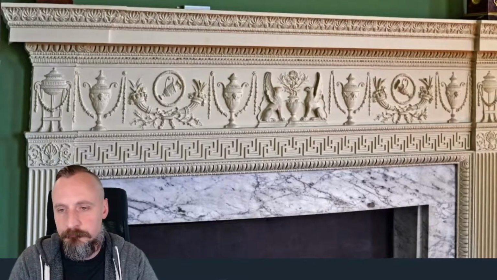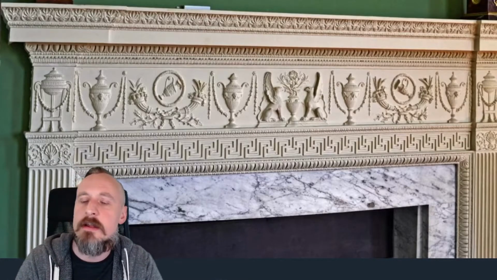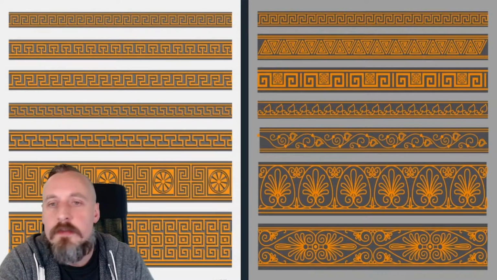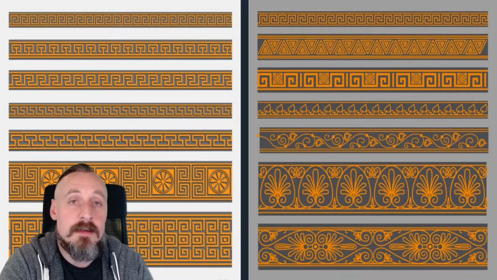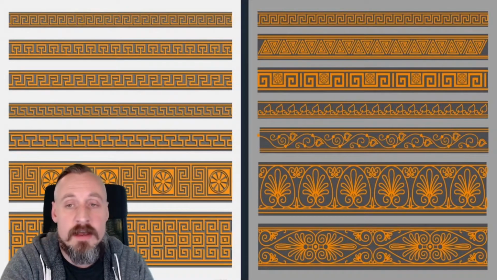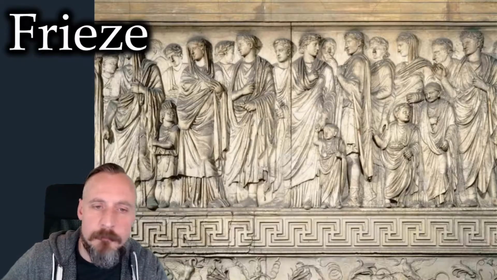You can find it in relation to a lot of their low relief sculpture, but it's just called Greek key or Greek meander. There are many different styles, and like I said, you can find it on furniture, on interior decor. Here we see some lovely motifs around a fireplace. There are infinite variations of Greek key, and they could have been used on fabric and clothing just as much as on decor. Our next keyword is frieze.